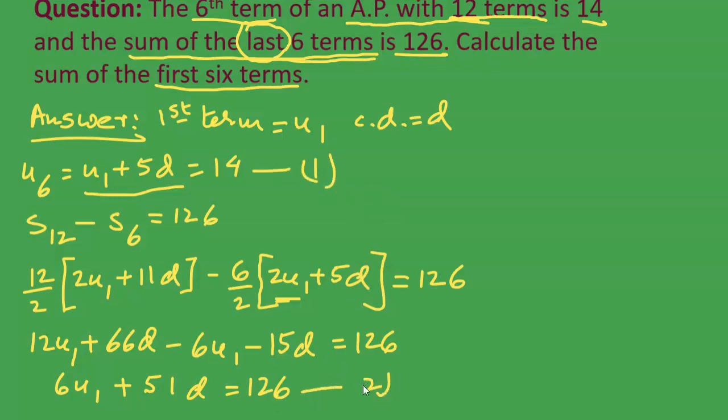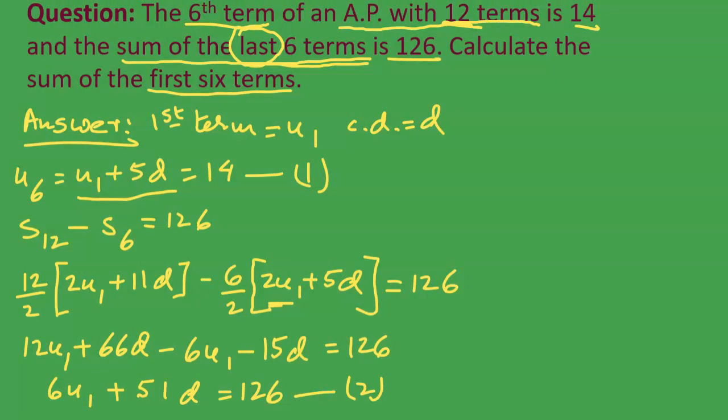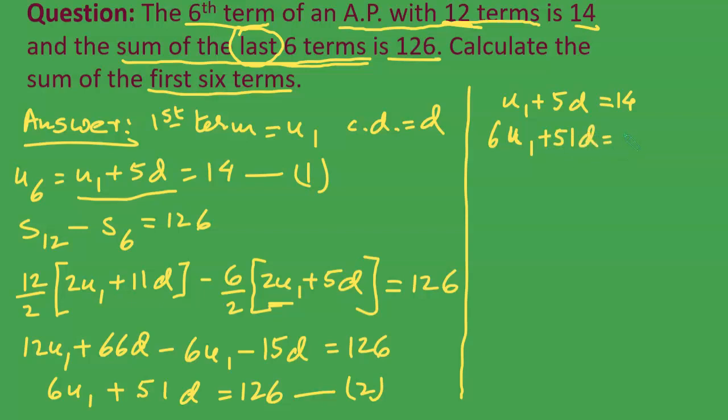This is our second equation. We are having 2 variables and 2 linear equations. Therefore, we should be able to get the numerical values of u1 and d. So let us try to get the values. u1 plus 5d is equal to 14, and 6u1 plus 51d is equal to 126.